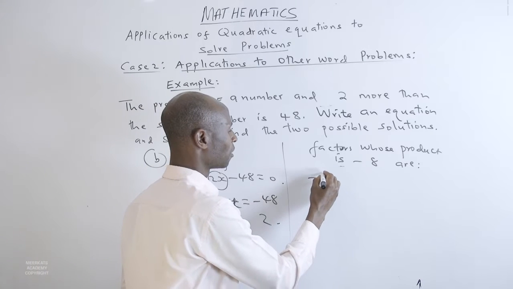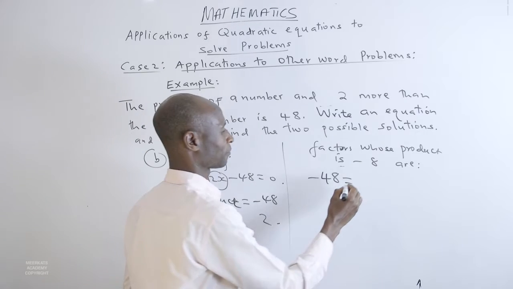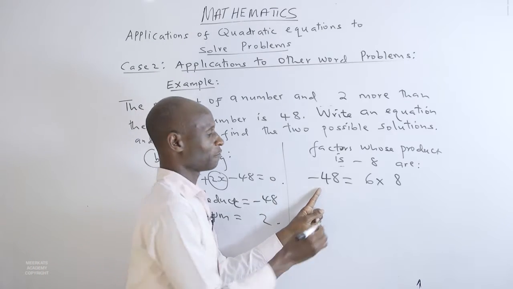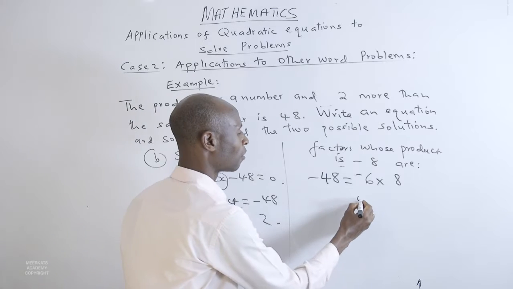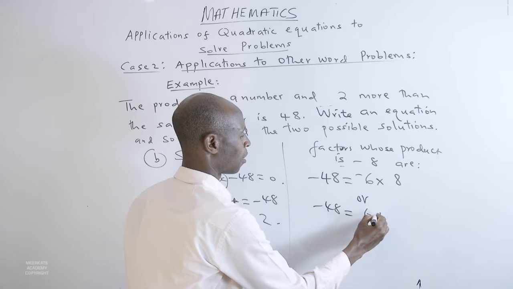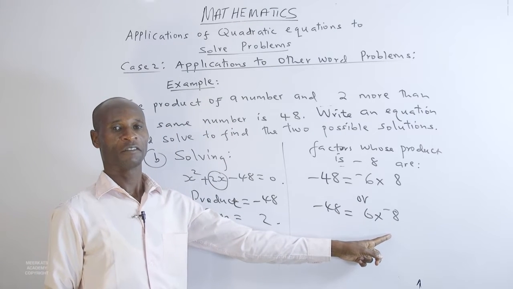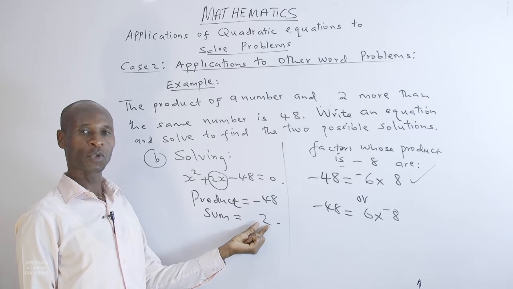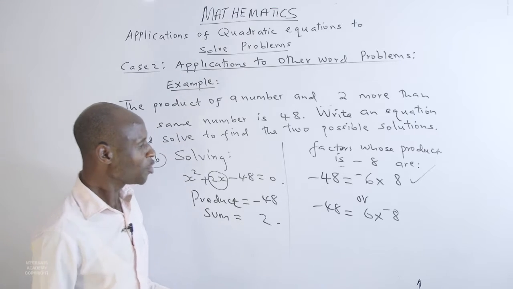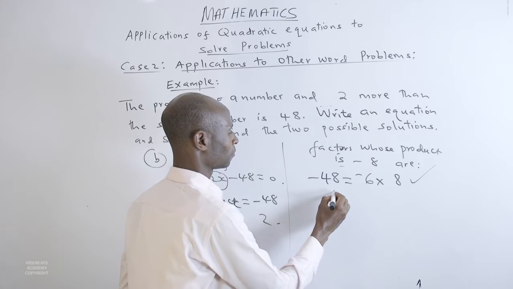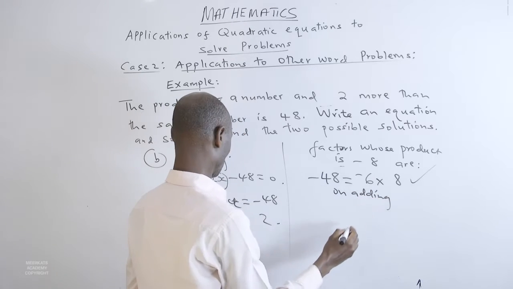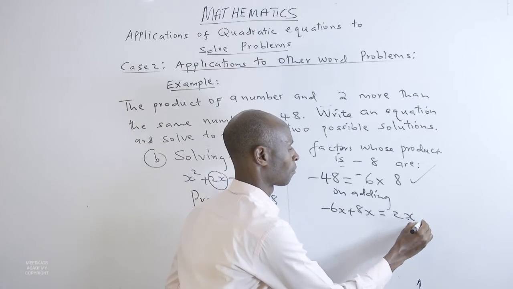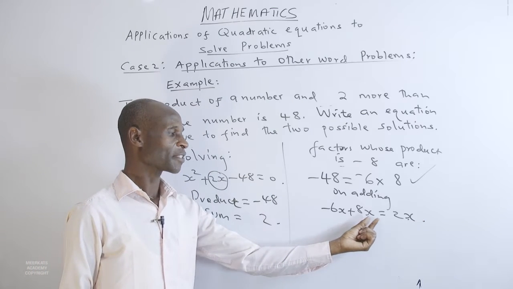So negative 48 is the same as 6 times 8. But for it to be negative, either 6 should be negative or 8 should be negative. We pick the first one because when you add, you are supposed to get 2. On adding negative 6x plus 8x, the result is 2x.